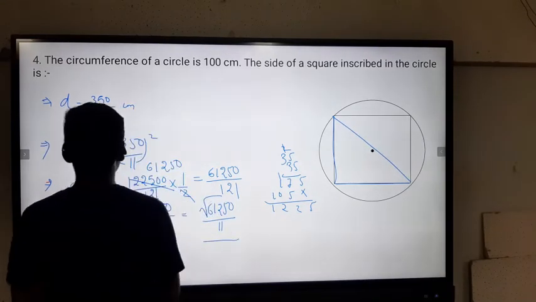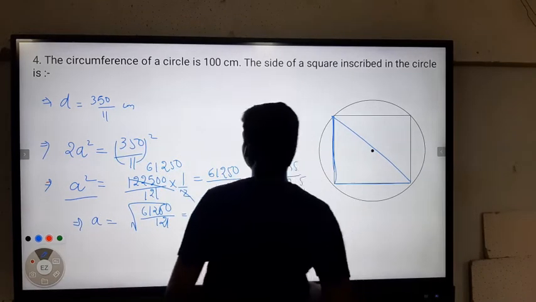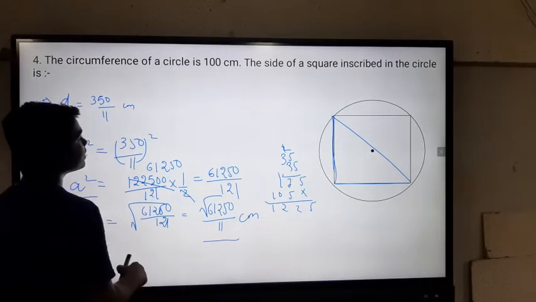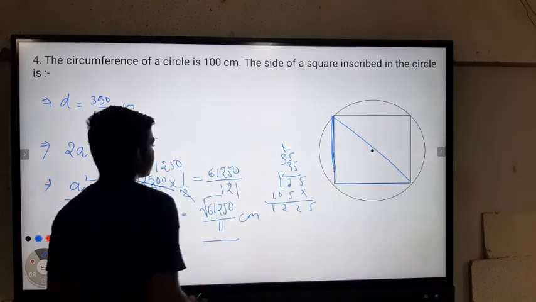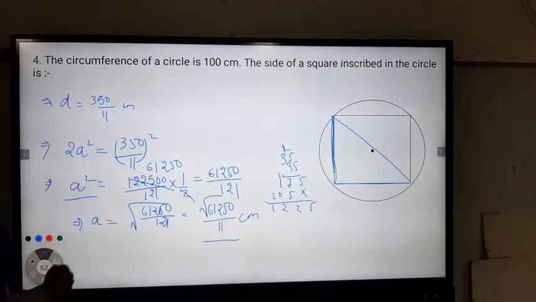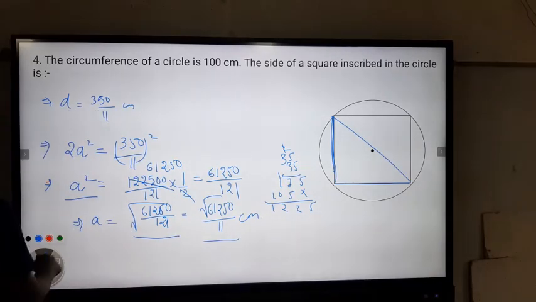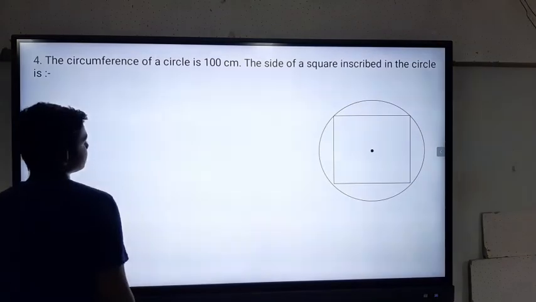So this is the side of the square. The circumference of the circle is given 100 cm, so the side of the square inscribed in it we find as root over 61250 by 121. Let us move to the next question.